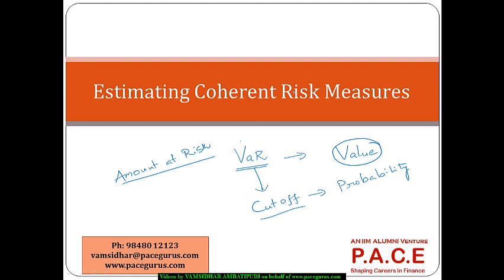That's the reason we don't treat value at risk as a coherent measure of risk. So what are the other measures I can use as coherent risk measures, and how would the knowledge of value at risk help me in working out this coherent risk measure?